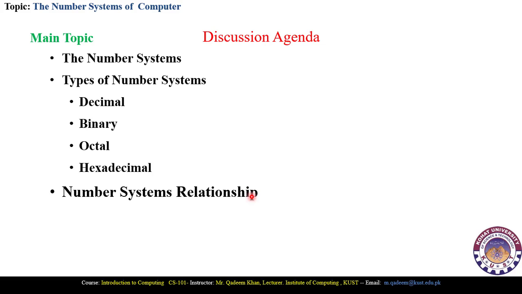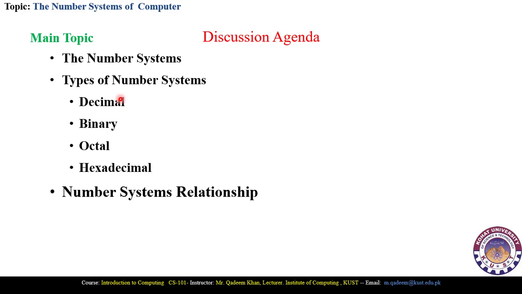This is the discussion agenda. It contains the topics of the number systems. Then we have the types of different number systems, including decimal, binary, octal, and hexadecimal number systems. These are different number systems used by the computer. Basically, at a lower level, the computer uses the binary number system, while we humans use the decimal number system, also the octal and hexadecimal number systems.